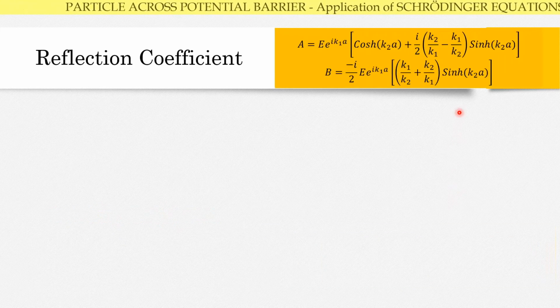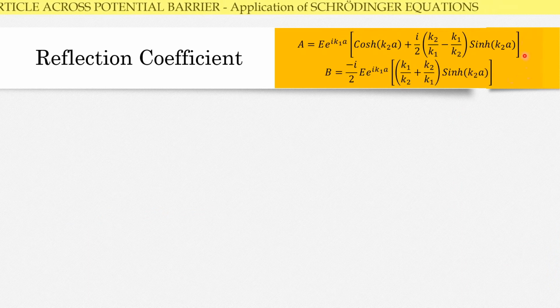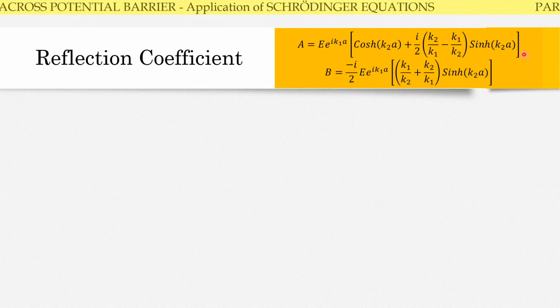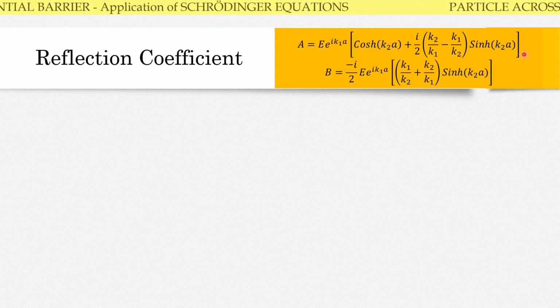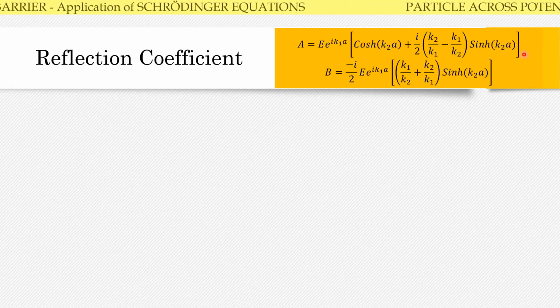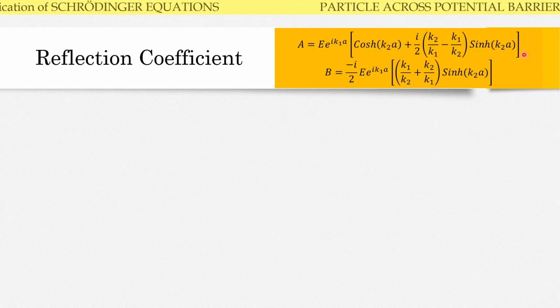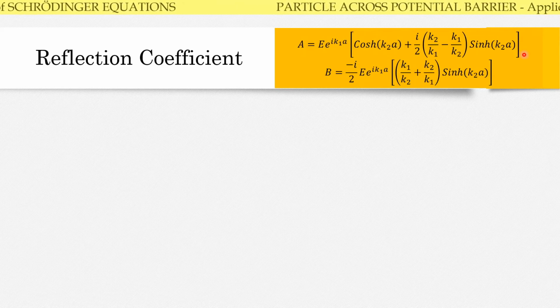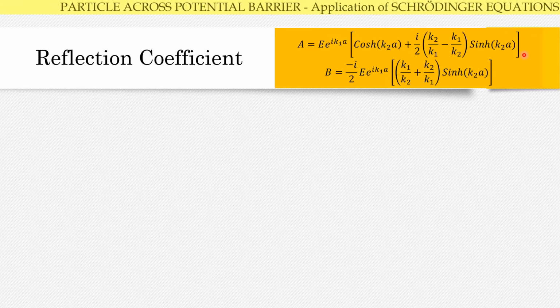So knowing these values of A and B, I want to calculate now the reflection coefficient. Why reflection coefficient? You see that on hitting the potential barrier, the particle has maximum chances of reflecting back into the region 1, which means that there are very less chances of getting penetrated into the region 2 and finally into the region 3.